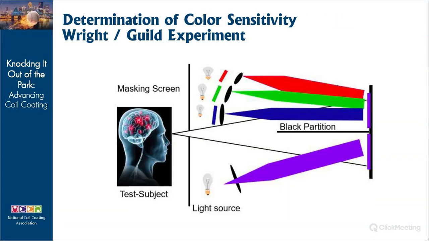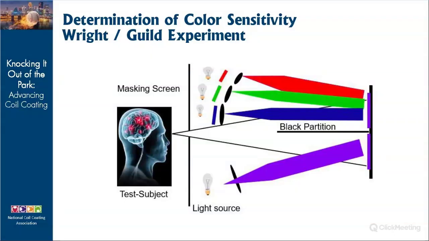So the last part of that, the building blocks of color, is going to be, how do we quantify the average observer? In 1931, they did a test called the Wright-Guild experiment, and they had red, green, and blue filters in front of light sources, and then they had a variable light source on the other side of this black partition.